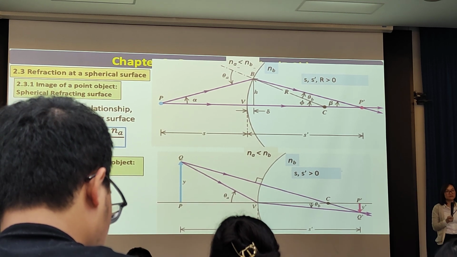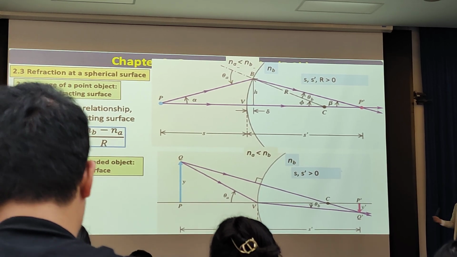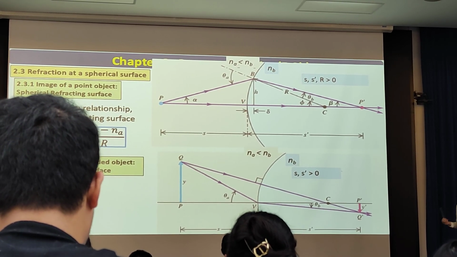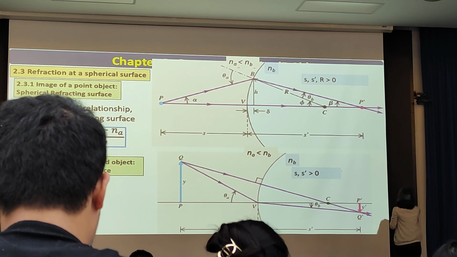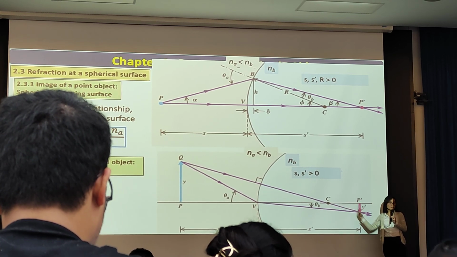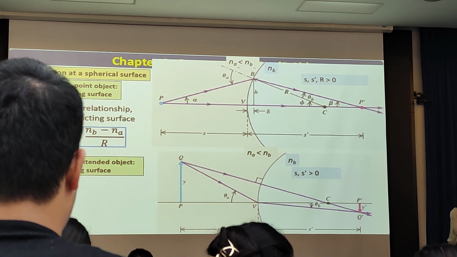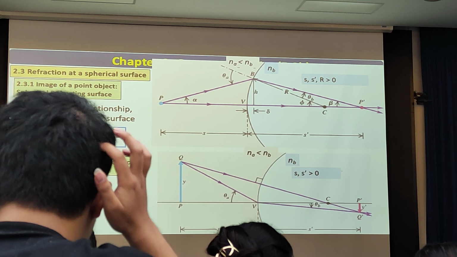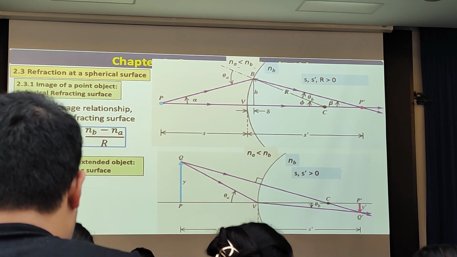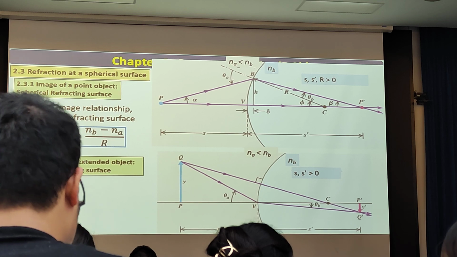Because the two refracting rays meet actually. The second, showing the direction, they are inverted. And the image is smaller than the object. Yes. So, pretty clear, right? And in the part of the extended object, you will have the concept of lateral magnification for the point node.